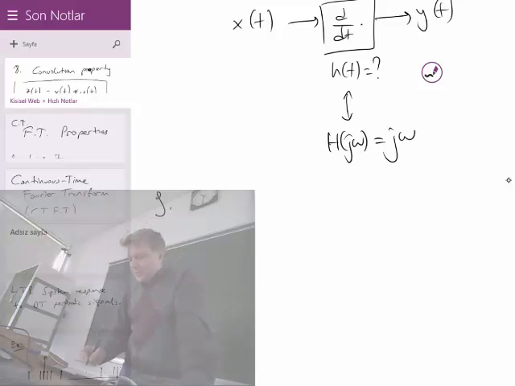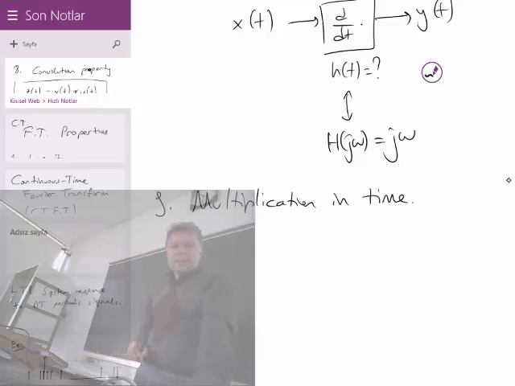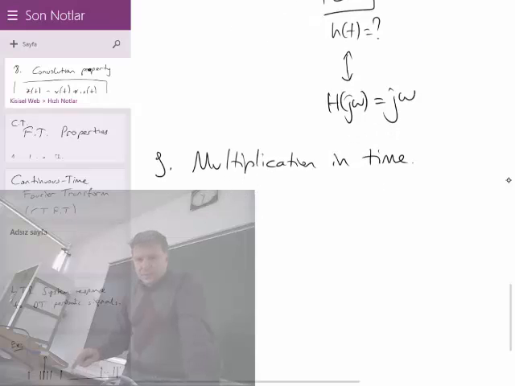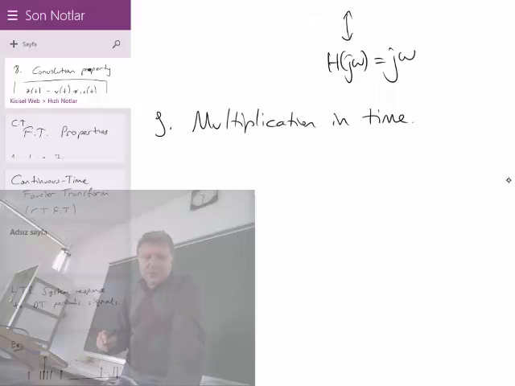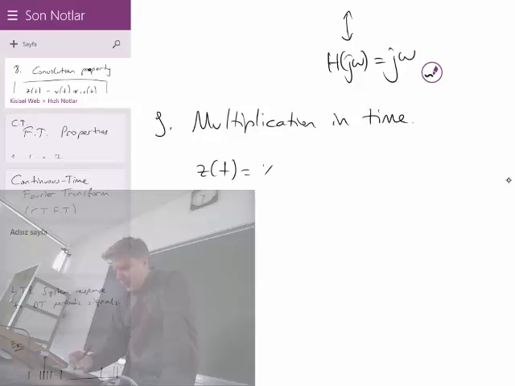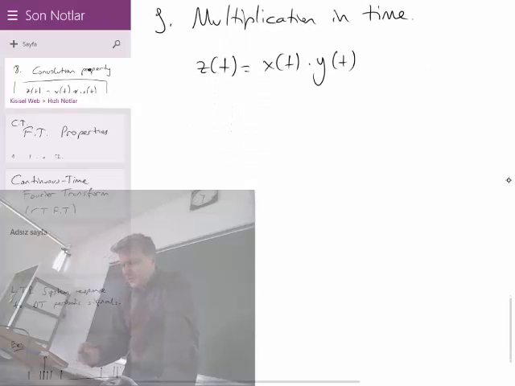So the name of our new property is multiplication in time. And from the duality, the situation is as follows. If you have z of t is equal to x of t times y of t, then the Fourier transforms will behave like this.